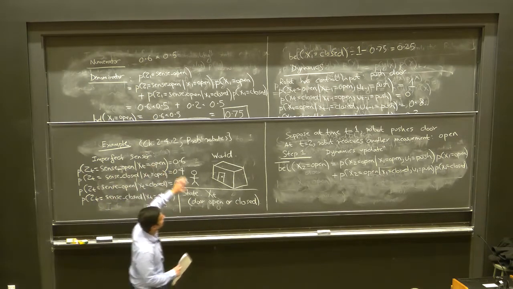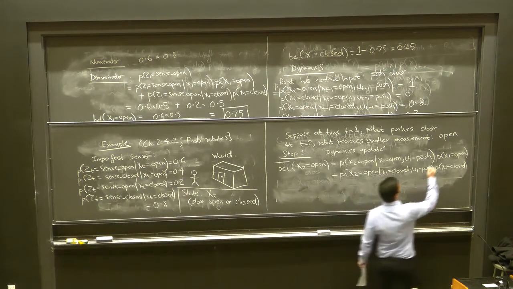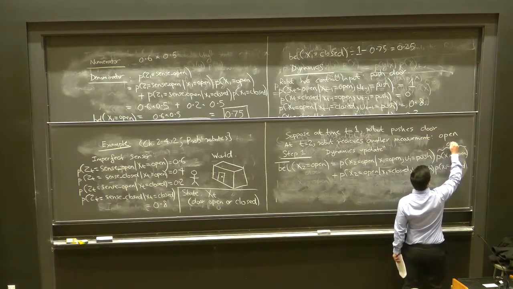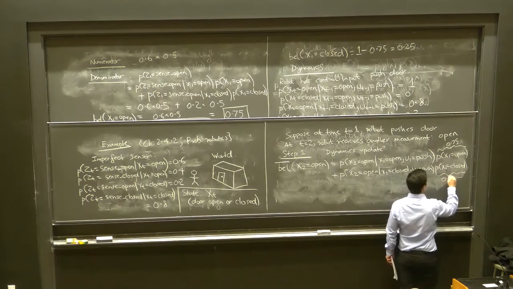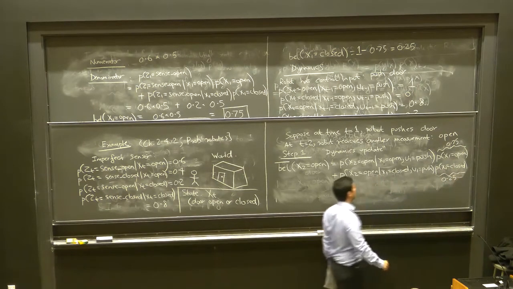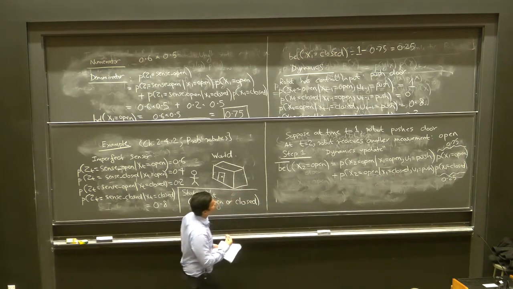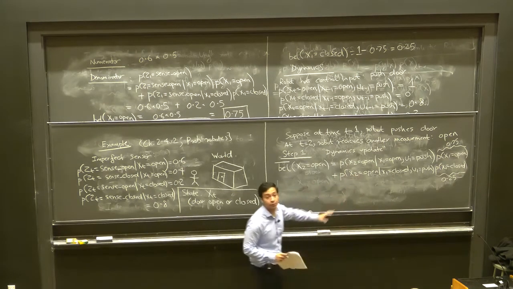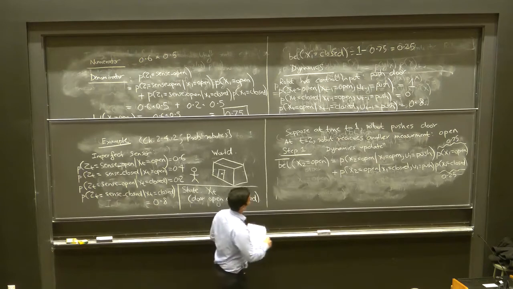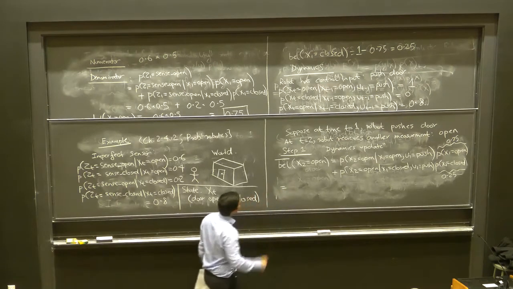It was 0.75 for the door being open, 0.25 for the door being closed. So this is our prior belief before we incorporate the knowledge that we pushed the door. So we can just calculate this.